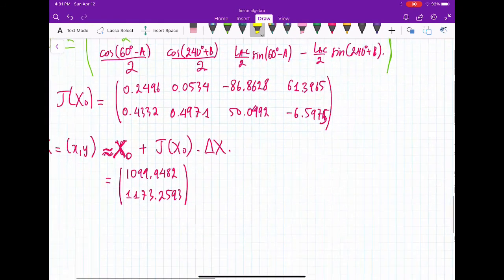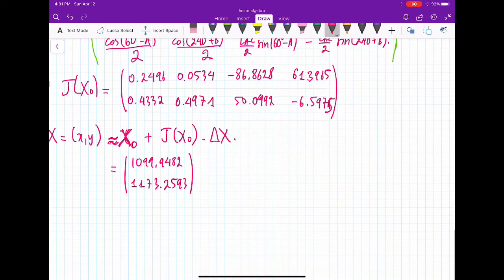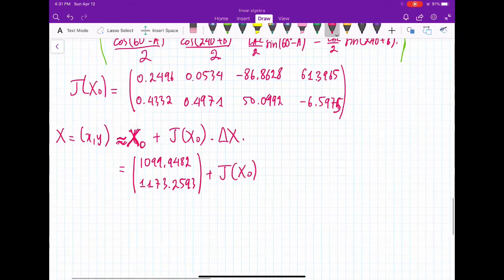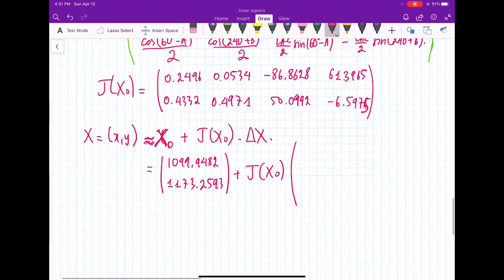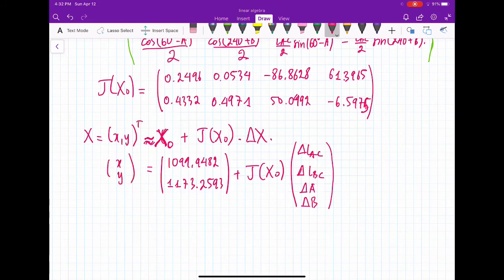And then you already have the Jacobian, which is good. I will now just write Jx0. And then what is delta x? Delta x is delta LAC, delta LBC, delta A, delta B, right? That's it. If I write in this form, transpose, so everything will be correct.